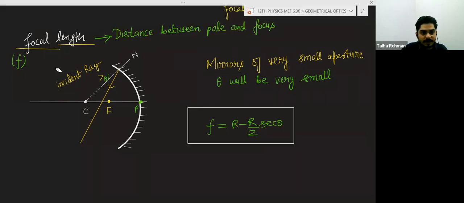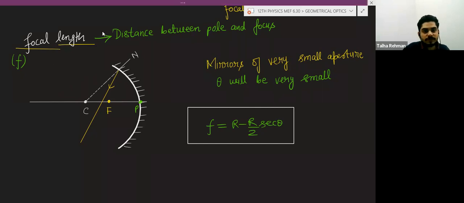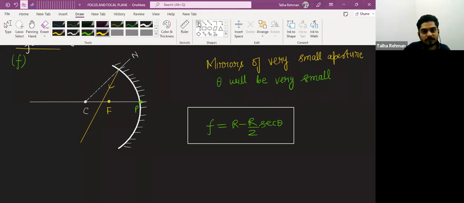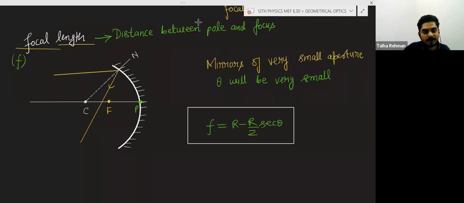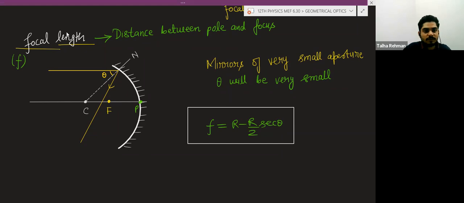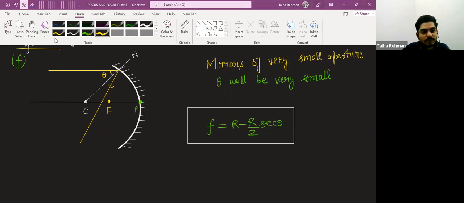This ray will be parallel, then we can derive this. We can take the parallel ray like this also, no problem. So this angle is theta, and accordingly the angle will also change.